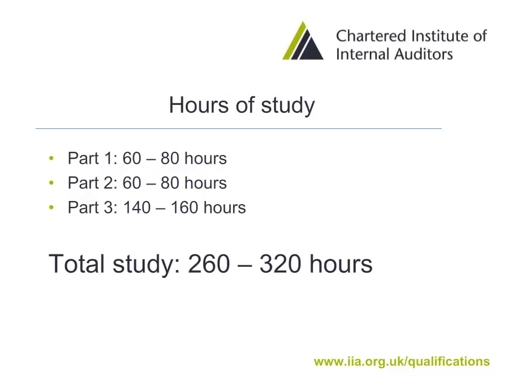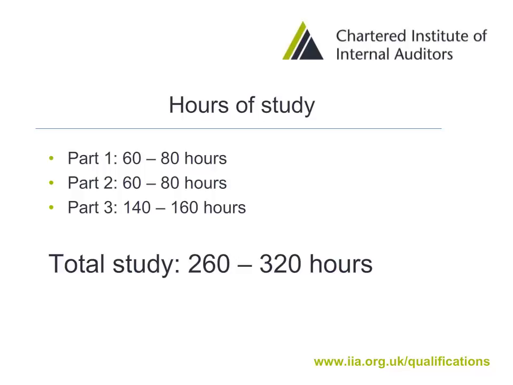Students often ask us how long they have to spend studying for the different parts. And this is very difficult to answer because people will have different backgrounds, different levels of experience, qualifications, and so forth.